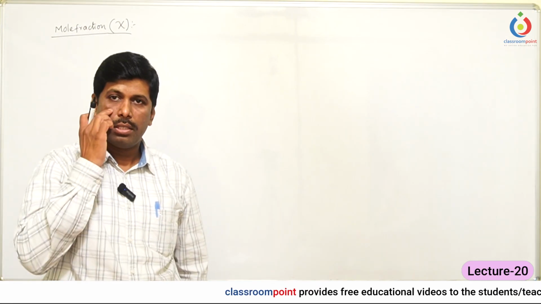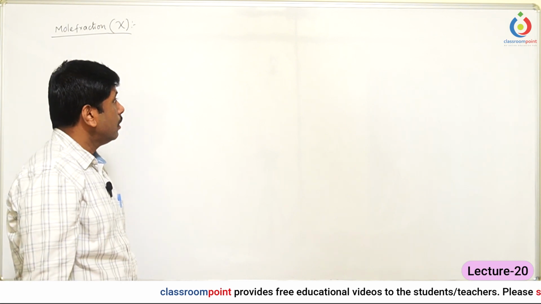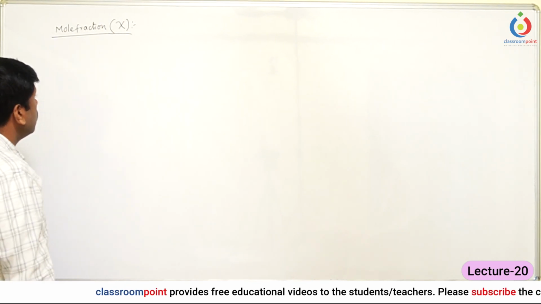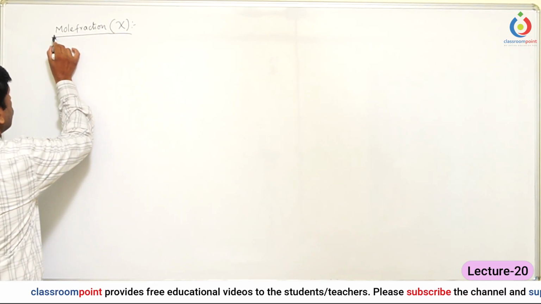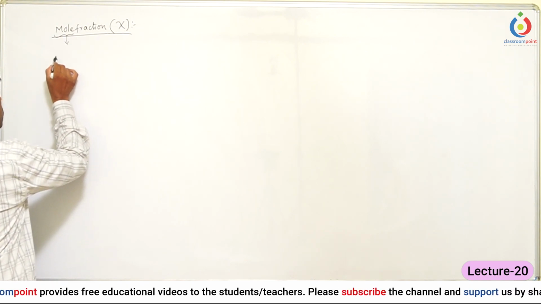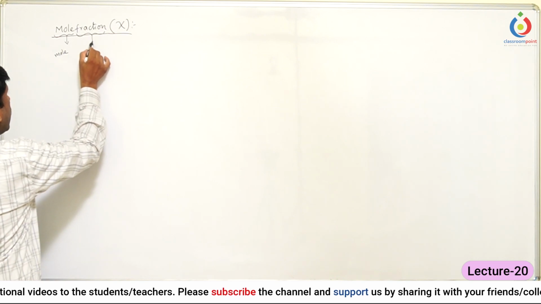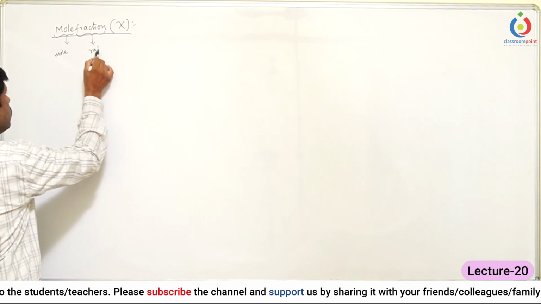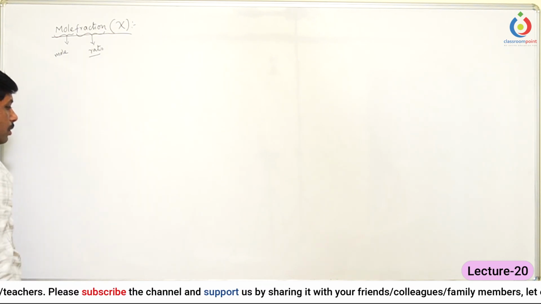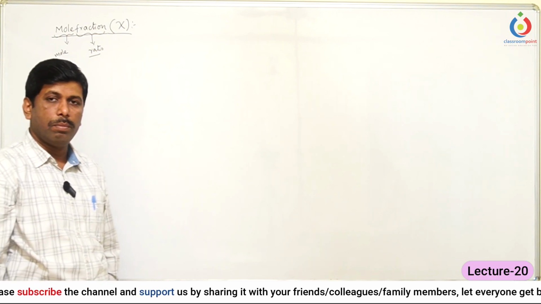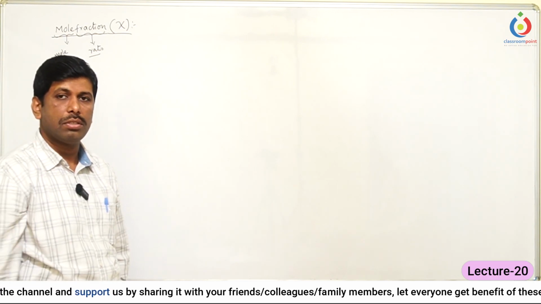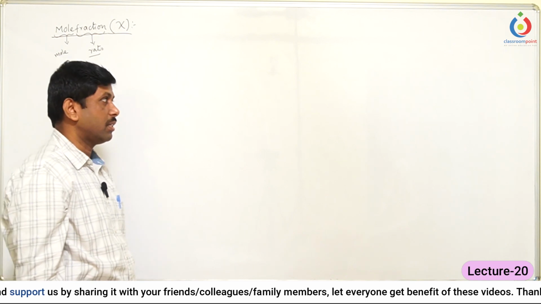It is not x, but it is a chi. So what is mole fraction? It clearly says mole, there is no change in the term, that is mole only. Fraction means ratio. So the ratio of the moles present in a solution is called the mole fraction.